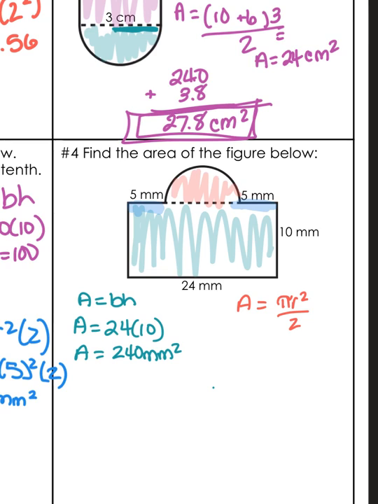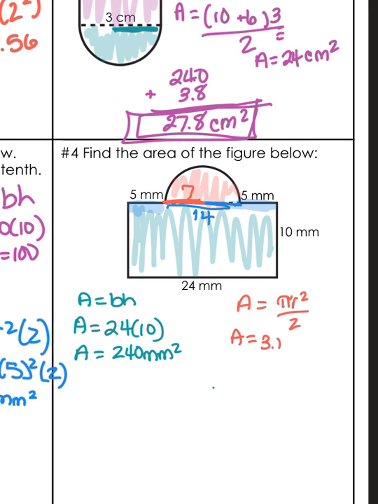So if that is 10 and the whole thing has to be 24, what does the diameter of that semicircle have to be? The diameter of this has to be 14 because 14 plus 10 would be 24. Do I need the diameter? No, I need the radius. So I need half of that. So that would be 7. So when I do this, I'm going to use 7.